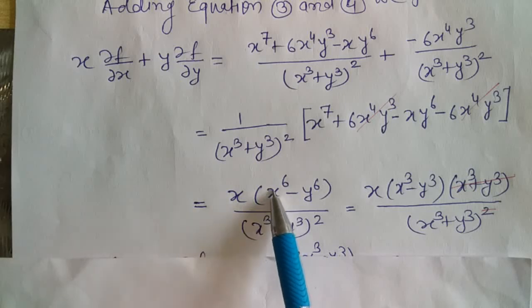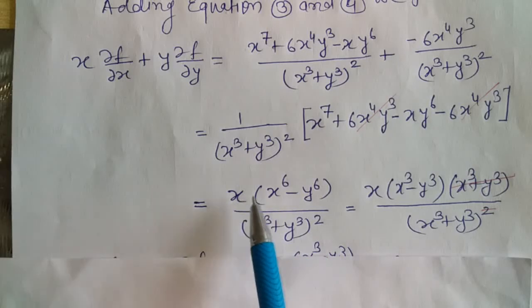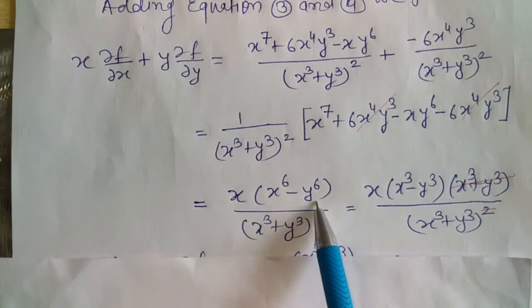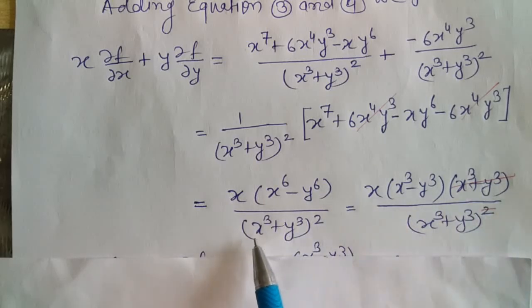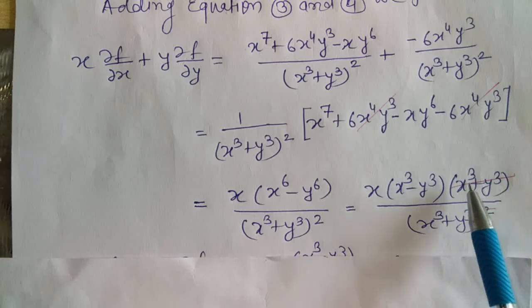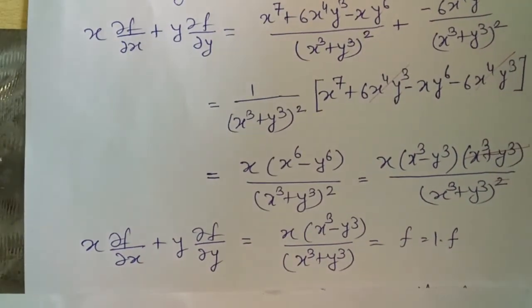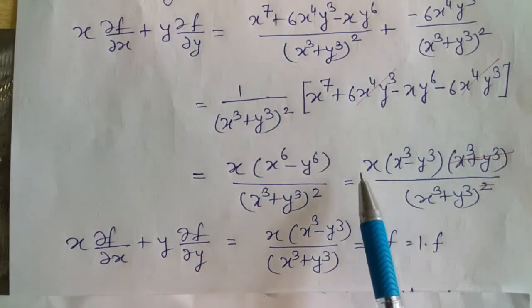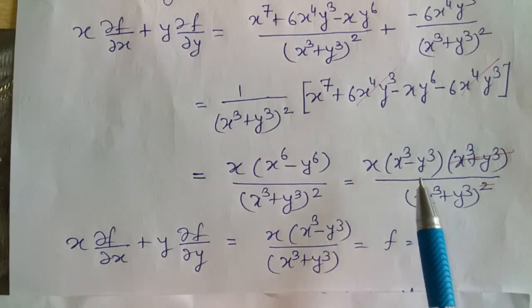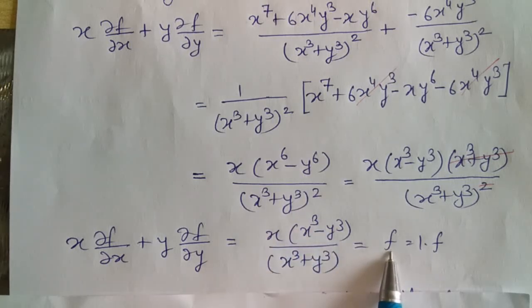Now here we apply a square minus b square is a minus b into a plus b. So we have x into x cube minus y cube into x cube plus y cube upon x cube plus y cube whole square. So here one power cancels, and then we have x del f by del x plus y del f by del y is equal to x into x cube minus y cube upon x cube plus y cube, which is the value of the given function f, and that can be expressed as 1 into f.